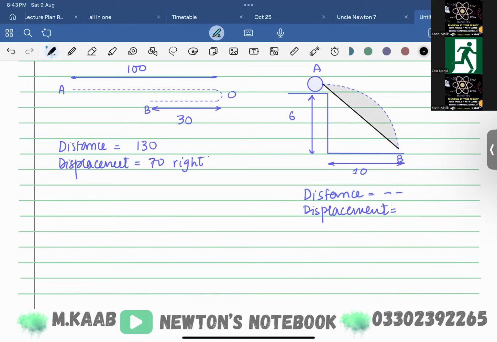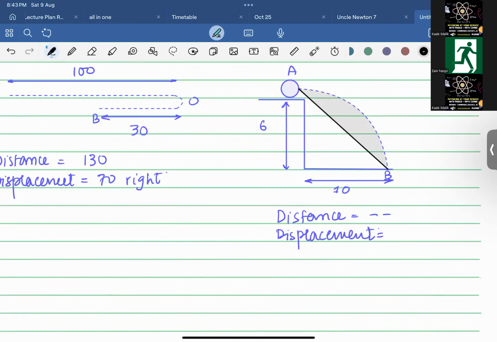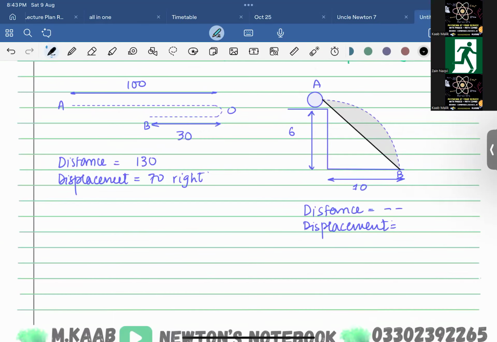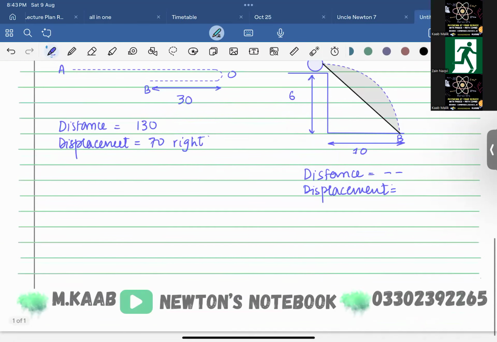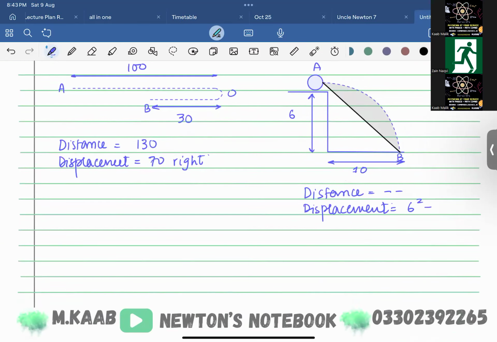And then you can do 6 squared plus 10 squared, all under root.